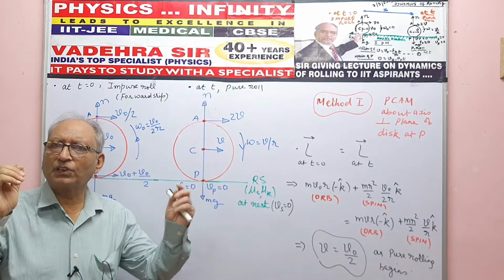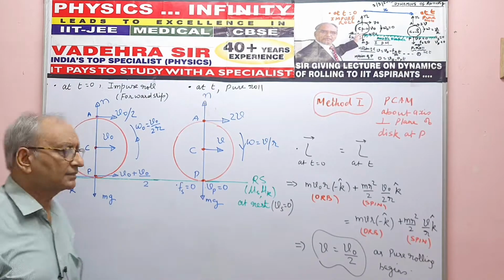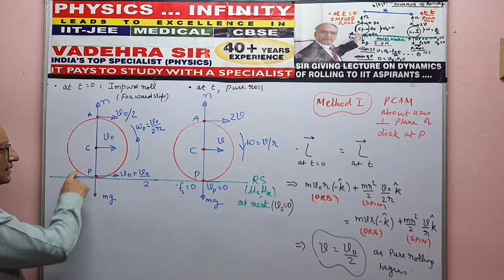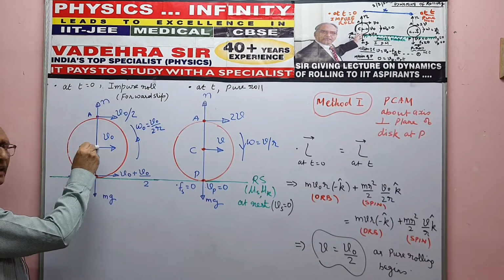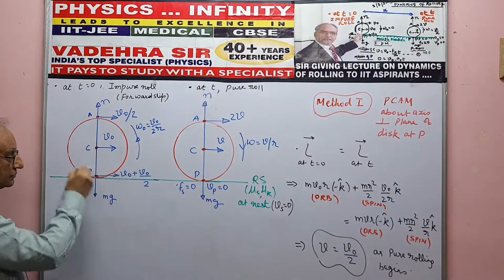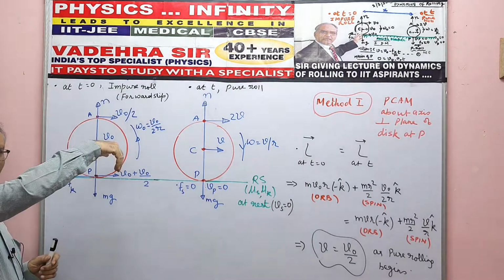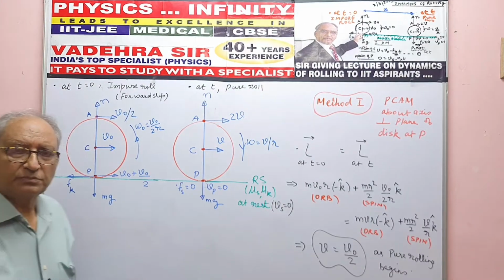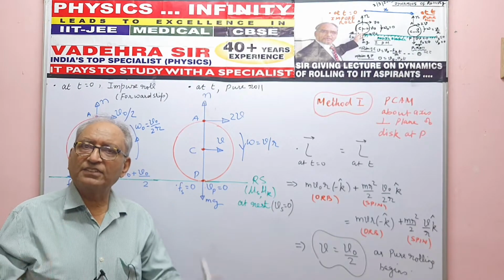We can use the Newton law of motion to understand that, and Fk creates a torque about an axis through center of mass perpendicular to plane of disk, and that is a clockwise torque, or in other words torque which is an axial vector.